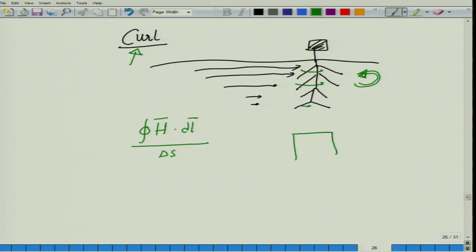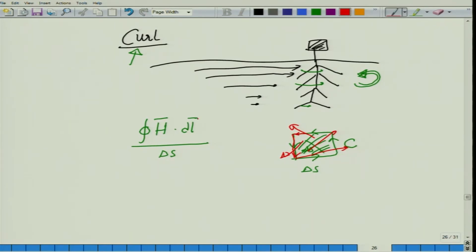Imagine that this is the closed line integral or contour, and the open surface has an infinitesimal area of delta S. If I have a vector field that changes over this loop in an arbitrary manner, what I am trying to find is the dot product of this vector field over the contour.